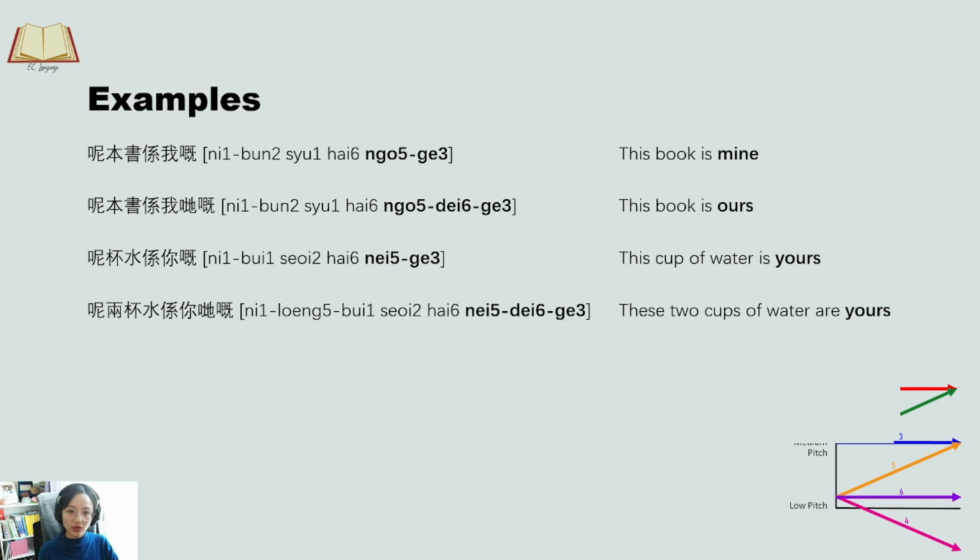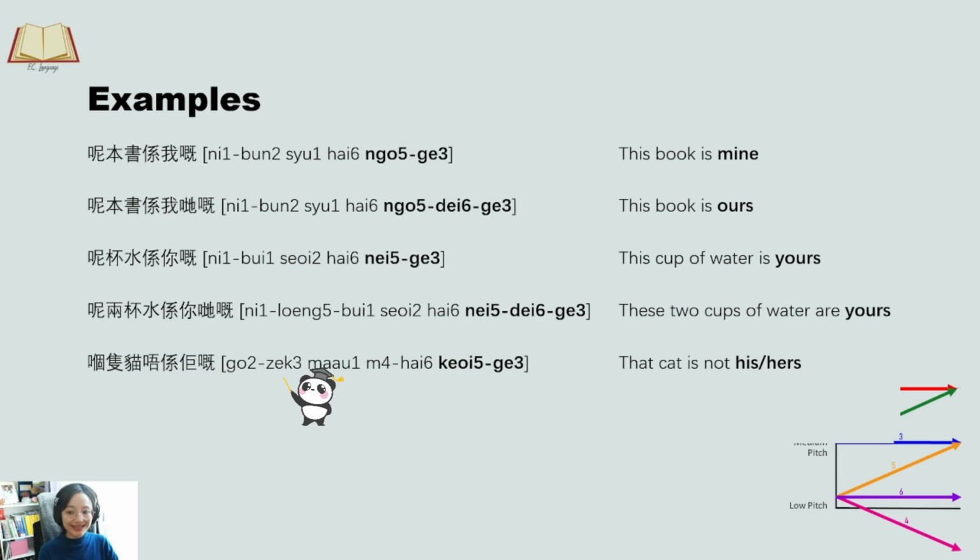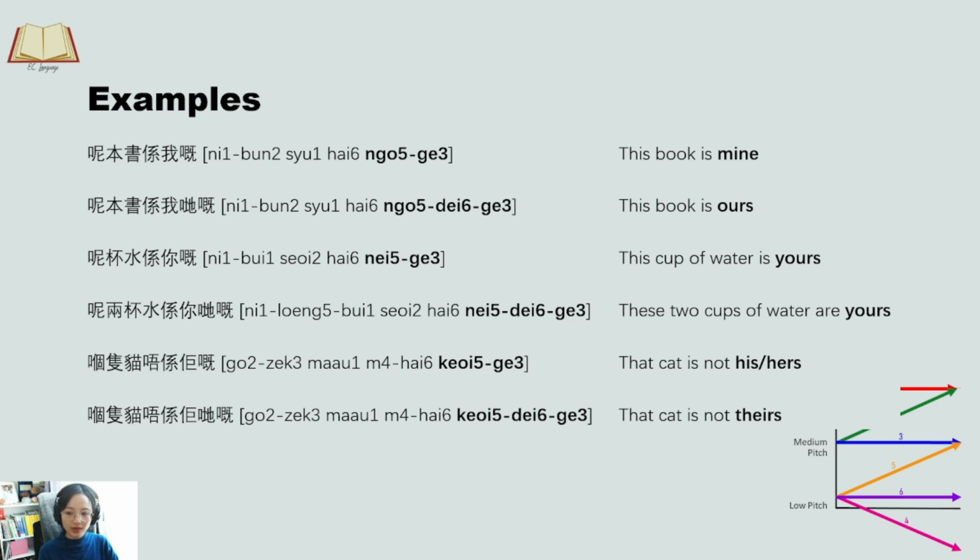Remember, this is the plural, yours. 嗰隻貓唔係佢嘅 That cat is not his or hers. 嗰隻貓唔係佢哋嘅 That cat is not theirs.